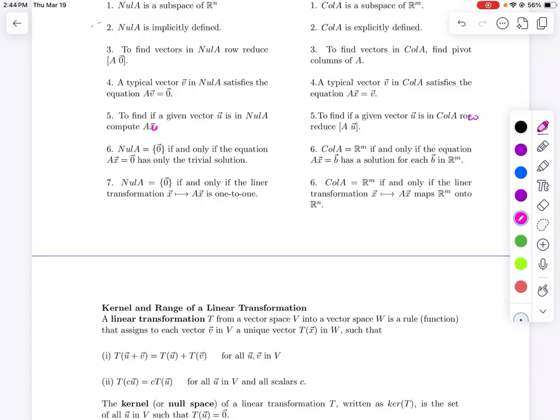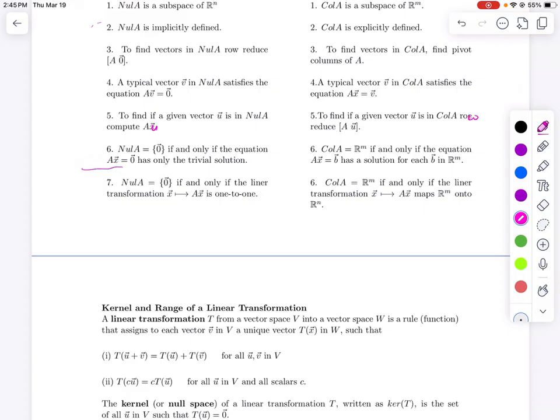Number 7: null A is equal to 0 if and only if the linear transformation x to Ax is 1 to 1. Up till number 6, we were talking about the matrix.